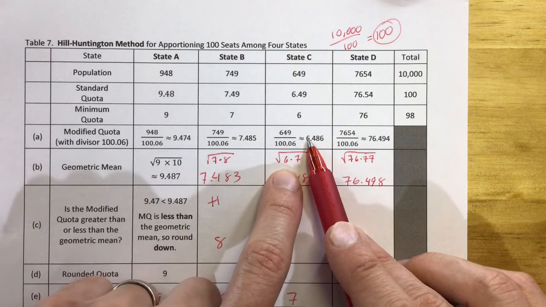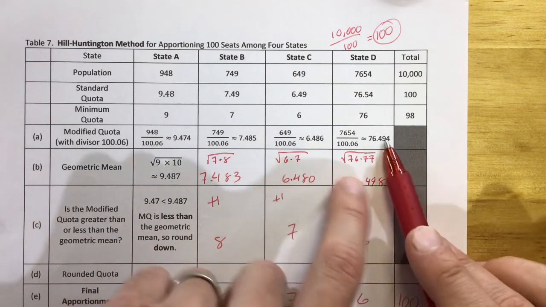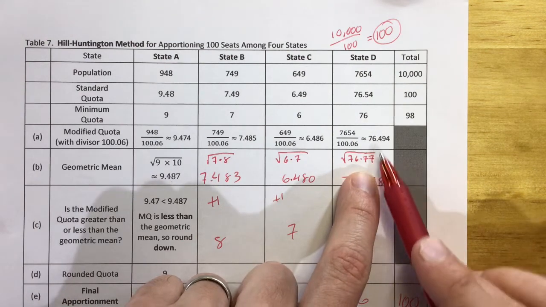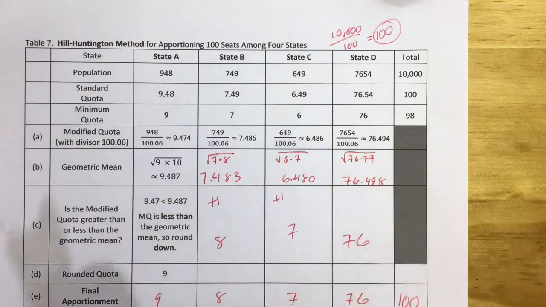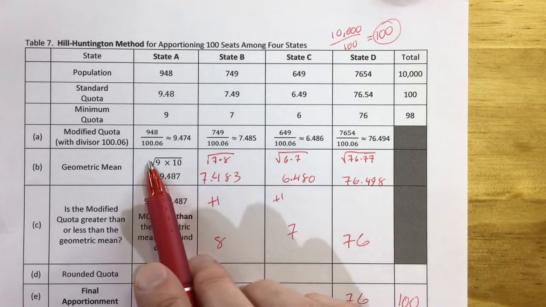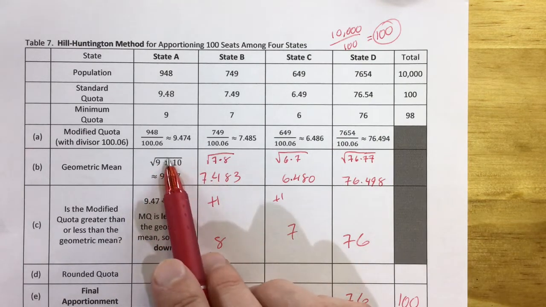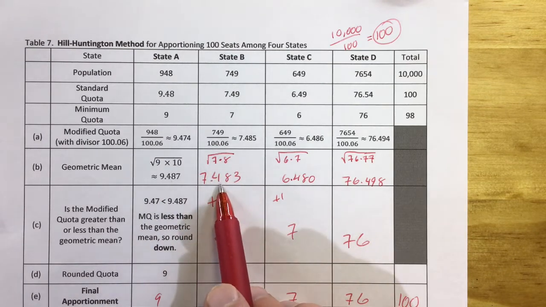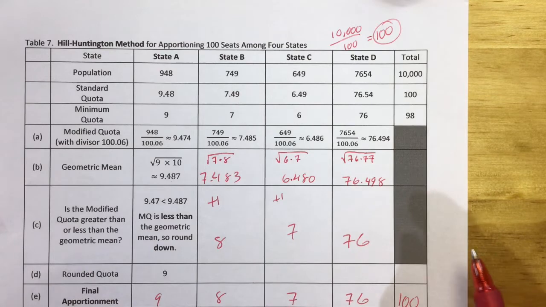You're going to take this as if you rounded down to 6 or up to 7, and then finally 76, as if you'd rounded down to 76 or rounding up to 77. Those are all going to be the numbers that you multiply, and then those answers you will square root. So this would be the square root of 90, gives you that, and this is the square root of 56, gives you this number, and so on as you go down the line.